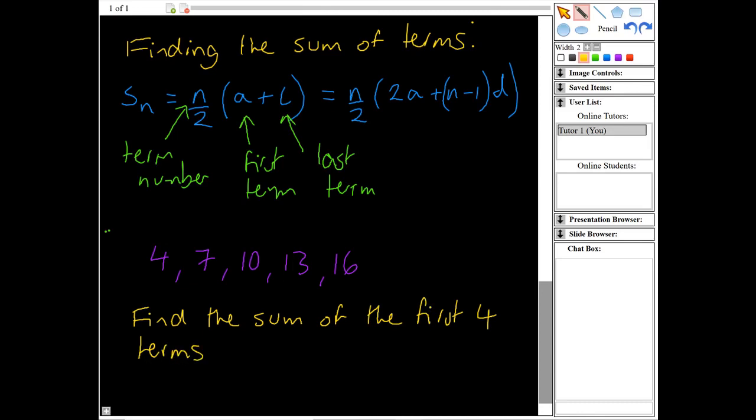In this case I could add that together fairly easily, so I'm just going to do that so we can see if we get the same answer. So the sum of the first 4 terms would be 4 plus 7 plus 10 plus 13. So that is equal to 23, 30, 34.